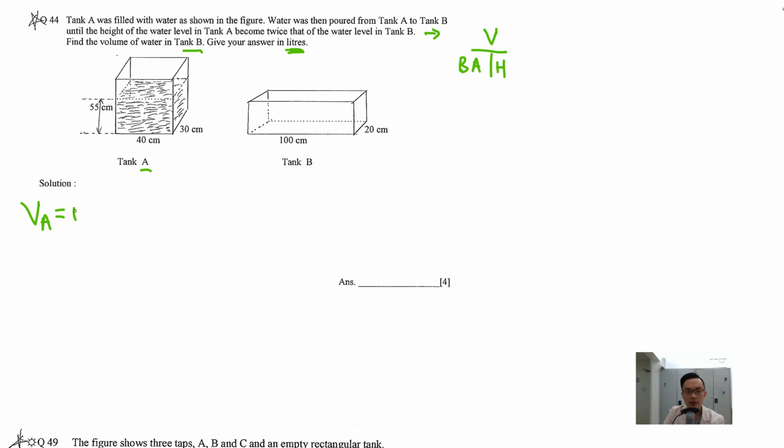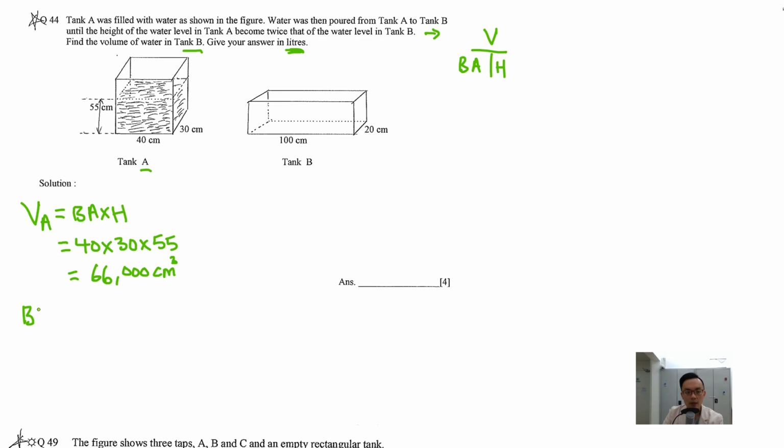So volume is base area times height, equals 40 times 30 times 55, equals 66,000 cm cube. The proper way of saying this is cubic centimeters.